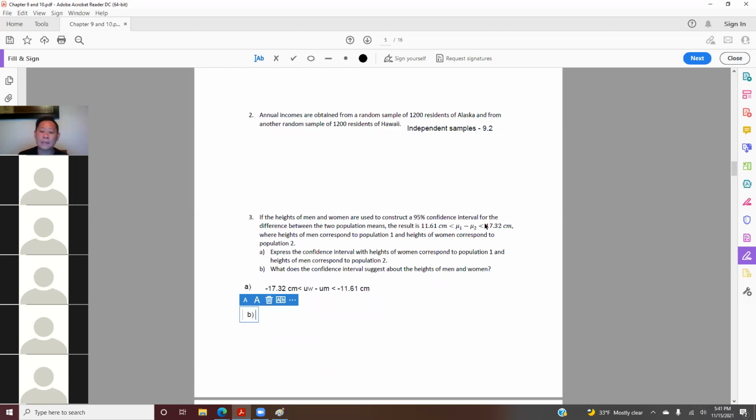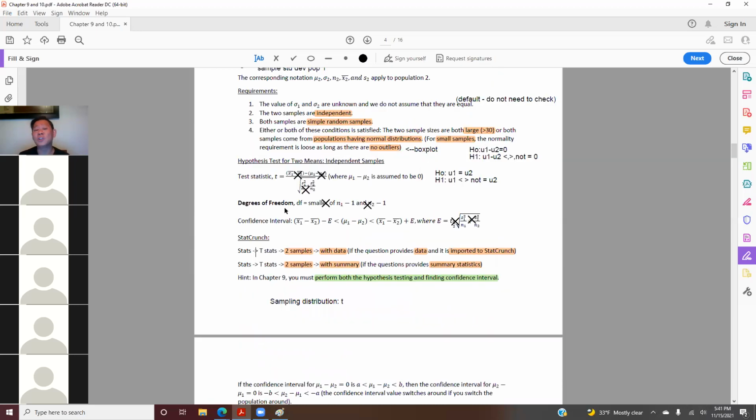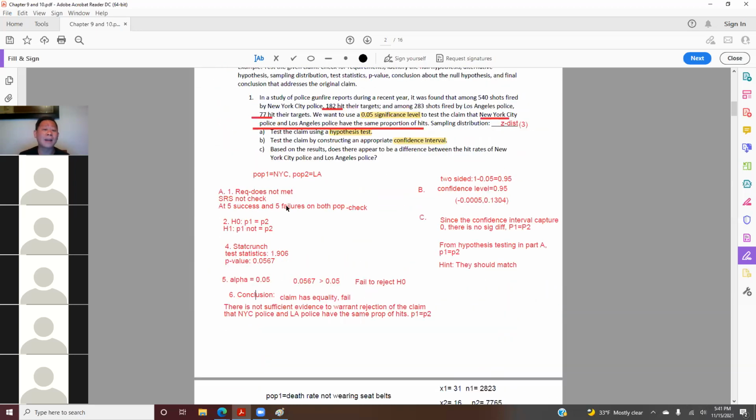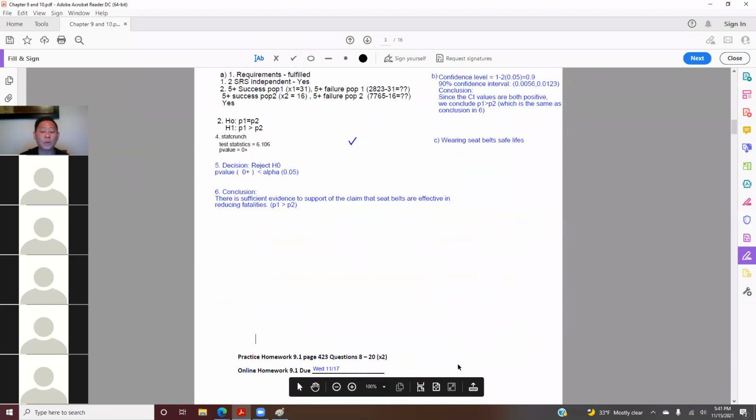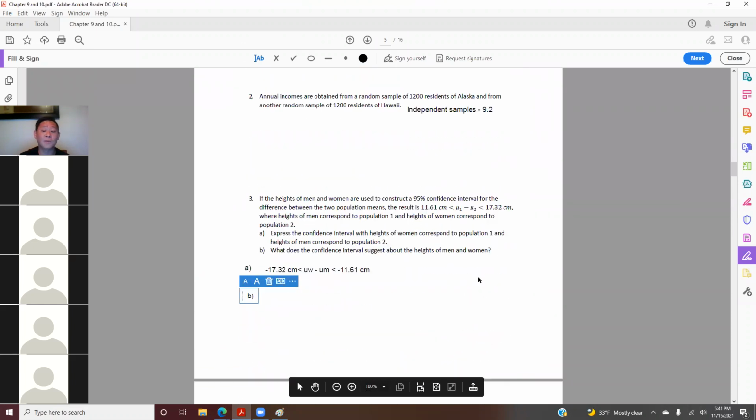All right, so looking at this confidence interval, what kind of conclusions can you make? This is part B, asking for a conclusion. The conclusion is the same as the conclusion you learned in 9.1. Are they both negative? Are they both positive? Or is one negative and one positive? If you look at this original one, they are both positive. So what can you tell me if both are positive?